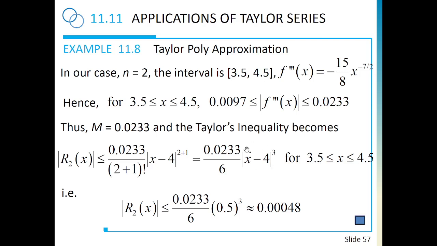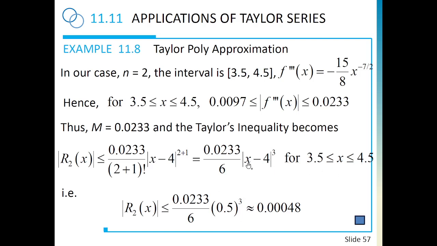Now we are just going to make sure that we get an upper bound estimate for x minus 4. Obviously the distance between the two bounds and 4 is 0.5. So that's why we have here that this expression is smaller than 0.5 to the power 3, for x's between 3.5 and 4.5.